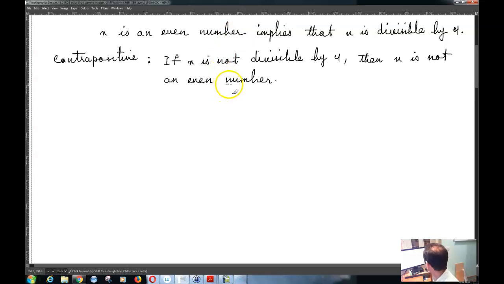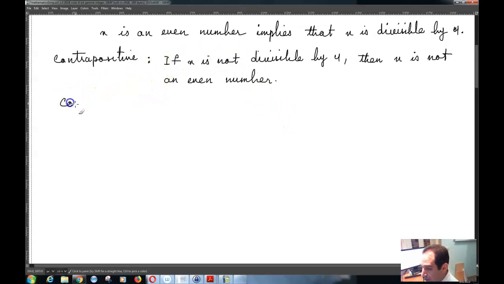So here we have, can be written as if x is an even number, then x is divisible by 4, okay? And the contrapositive is if x is not divisible by 4, then x is not an even number. That is correct.